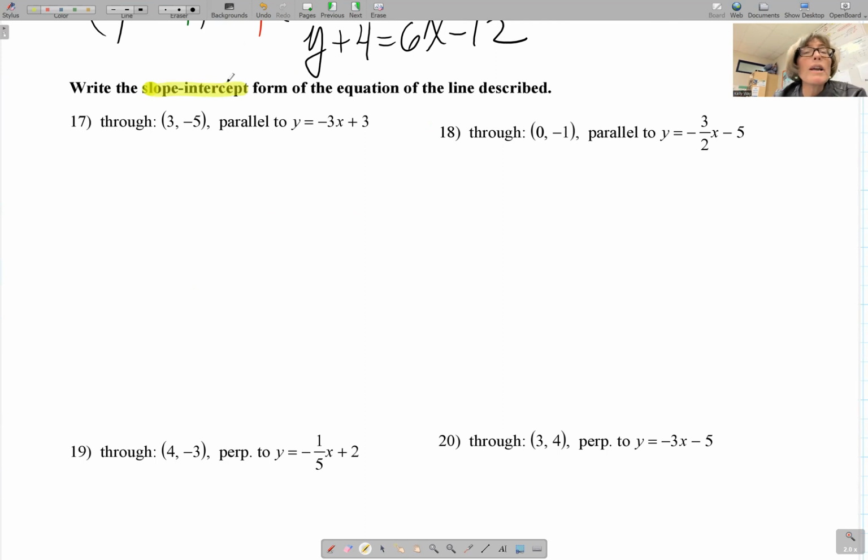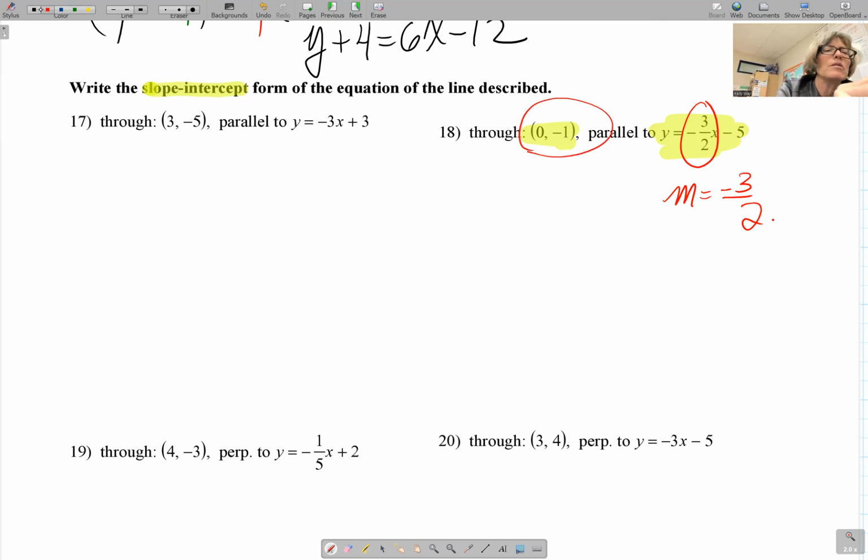We want to write the slope-intercept equation of the line that's described. It's going to go through this point, 0, negative 1, and it's going to be parallel to this line. So right off the bat, if it's parallel, same tilt, same slope. So I know my slope must be -3/2 here. I have a point. So to get this, I'm going to do point slope equation of a line.